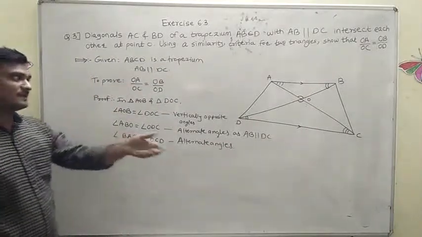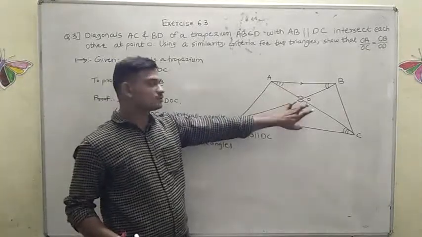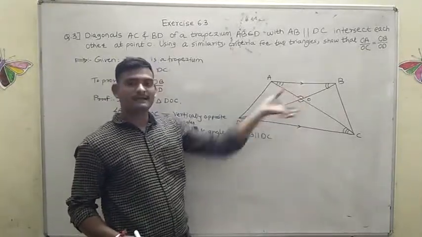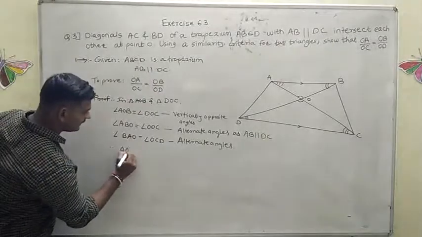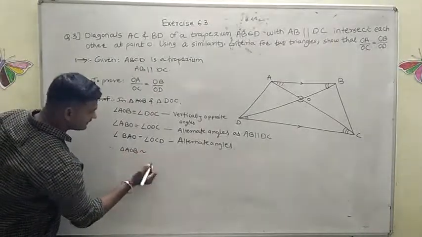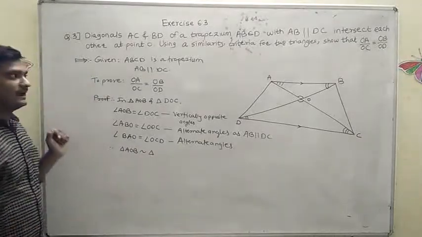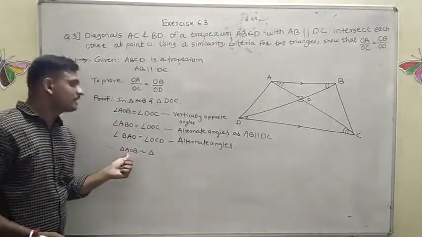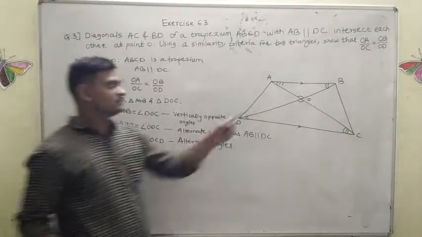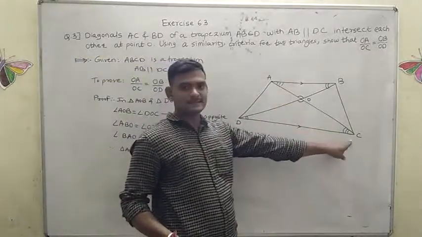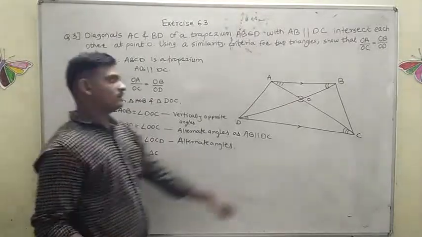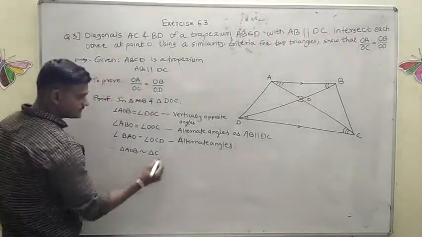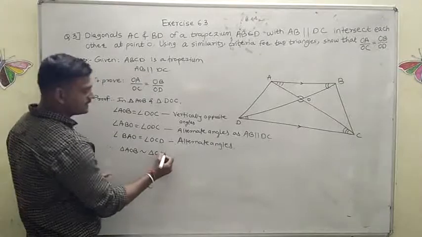Now see this. We have got all the angles of the two triangles equal; all the corresponding angles are equal. Therefore, can we say that triangle AOB is similar to triangle? Now we have to write the corresponding vertices. A corresponds to C, and O corresponds to O only because it is common. What is remaining here?